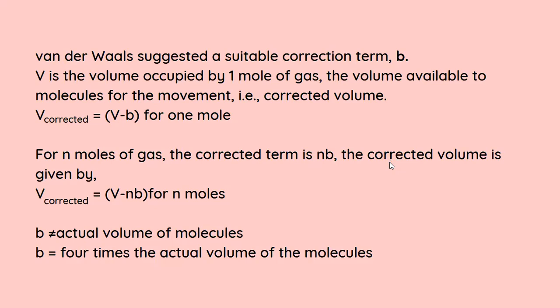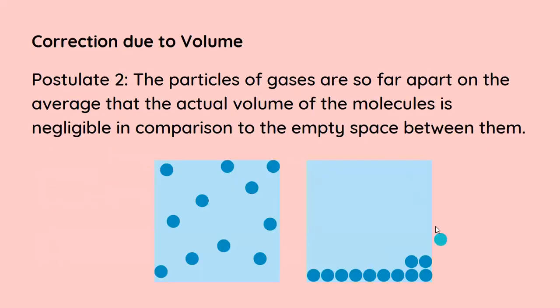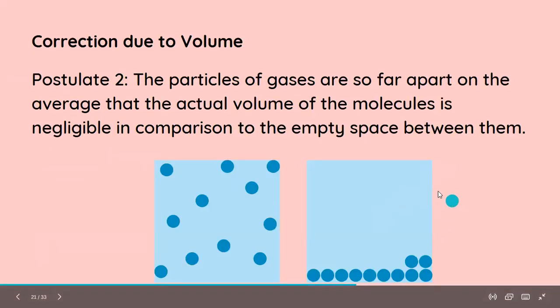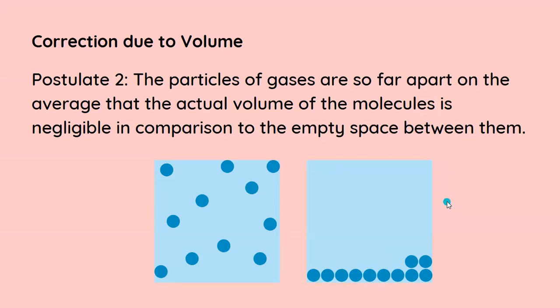This meant that the molecules are not able to move freely, but the free volume is less than the observed volume. It was noticed that the observed volume and the free volume were different in their values, and the free volume is actually less than the observed volume of the gas.